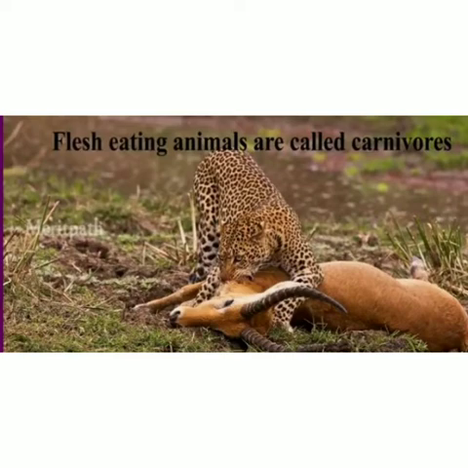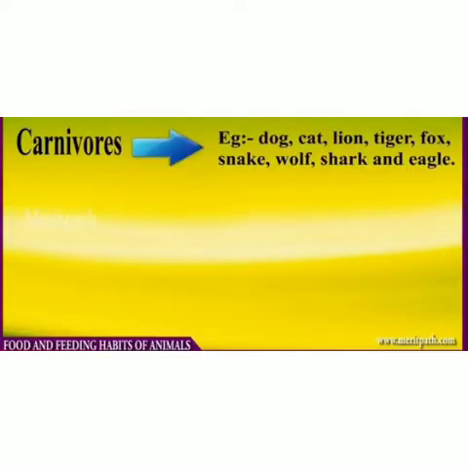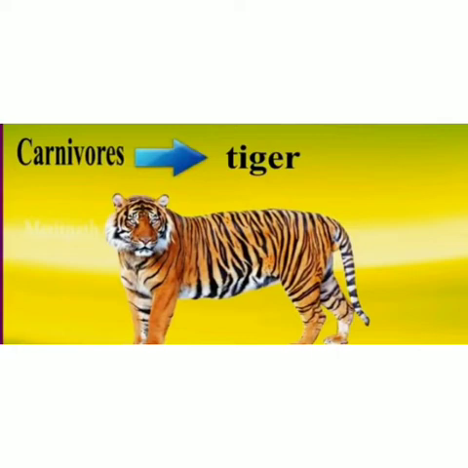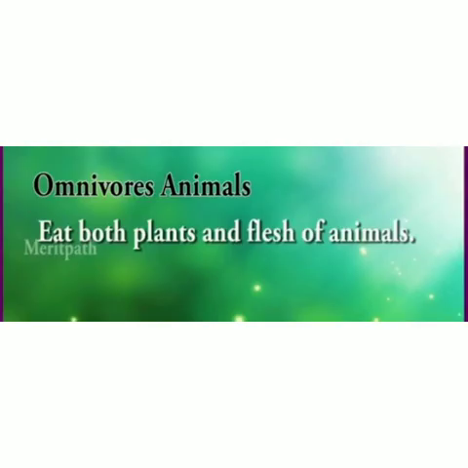Flesh eating animals are called carnivorous, the wild animals. Carn means flesh, vorous means eater. Examples: dog, cat, lion, tiger, eagle. They all eat the flesh of other animals. Now, omnivorous. Omni means all, vorous means eater.